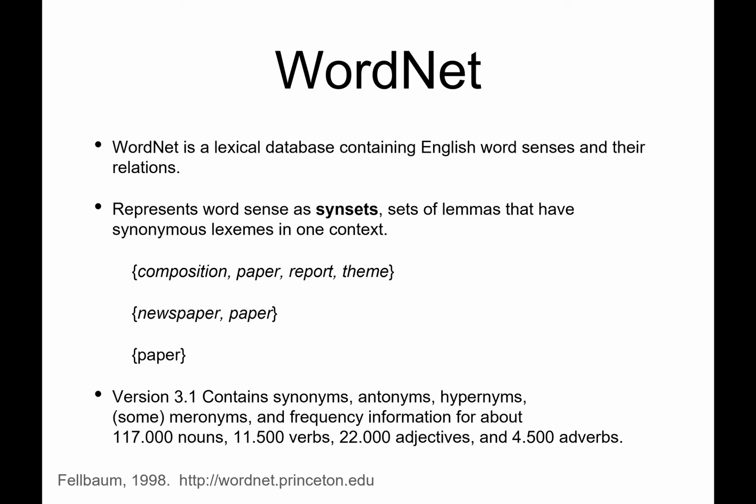So in one synset, I can find words or lexemes that represent the same sense. Okay, so paper in this synset here means something different than paper in this other synset here. All right, so these are lexemes that we've talked about before.